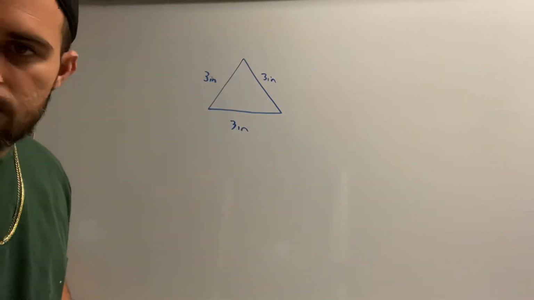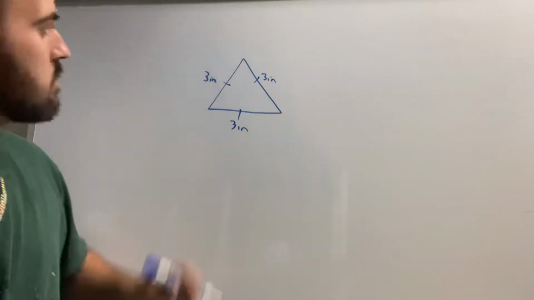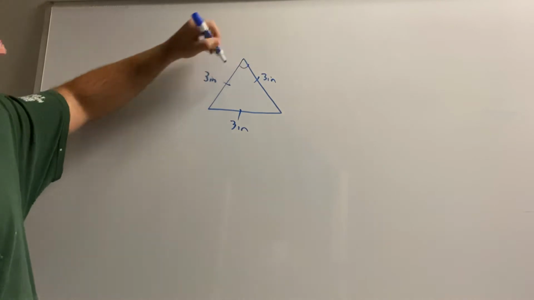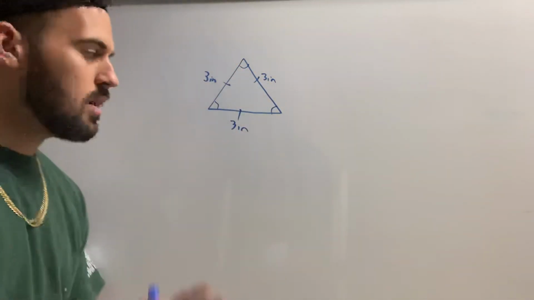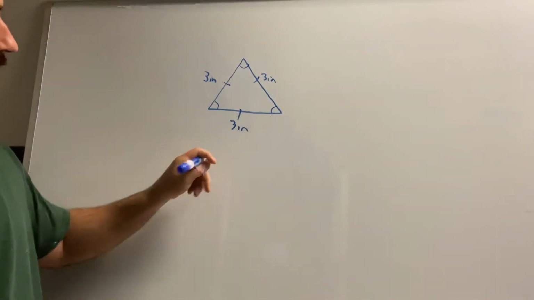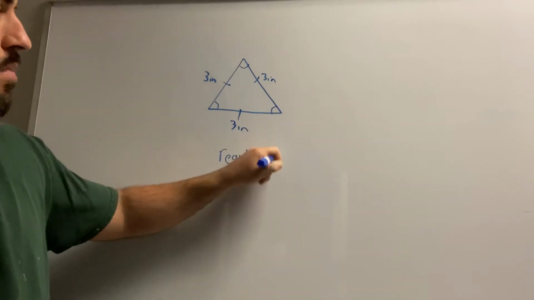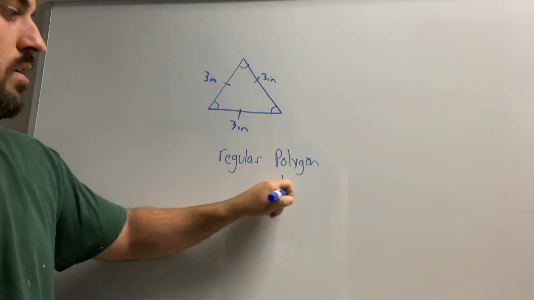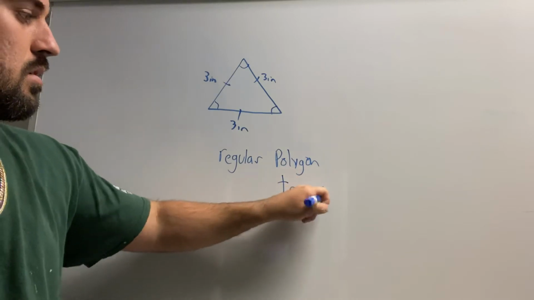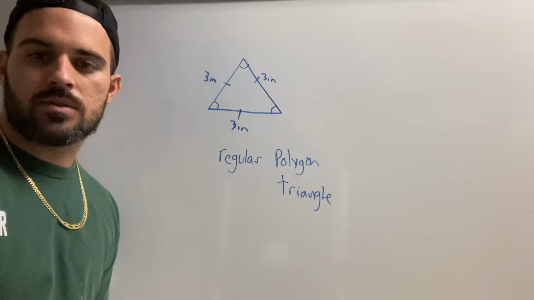They're all the same. So I can have the dashes, right? That means all the sides are equal. All angles are equal, right? I can tell by the symbols, all right? So that just goes to show me that this would be considered a regular polygon or a regular triangle, okay? Because all sides are the same and all angles are congruent, all right?